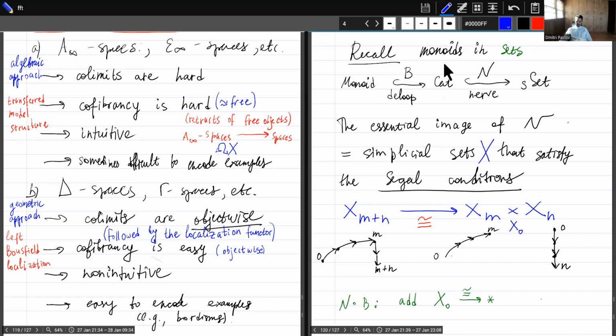We also have the category of small categories, Cat. And there is a delooping functor, capital B, which takes a monoid and turns it into a category with exactly one object. So that's what B is. And from the category of small categories, you have a nerve functor that lands in simplicial sets.